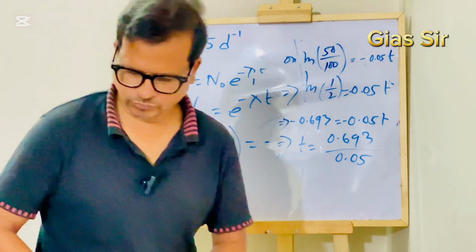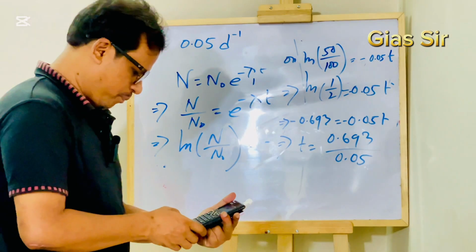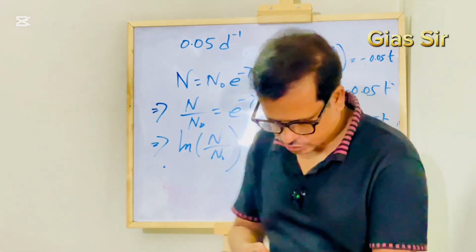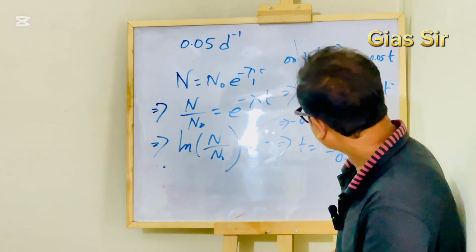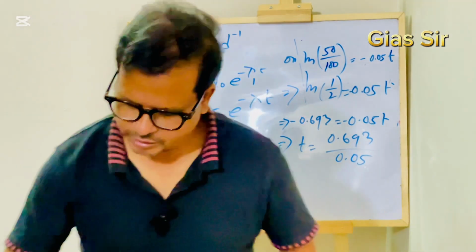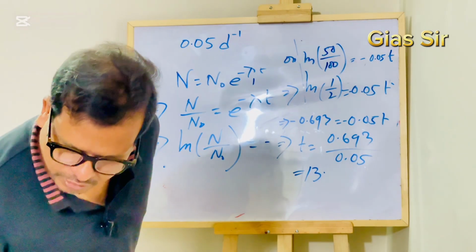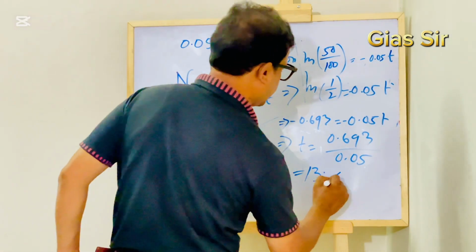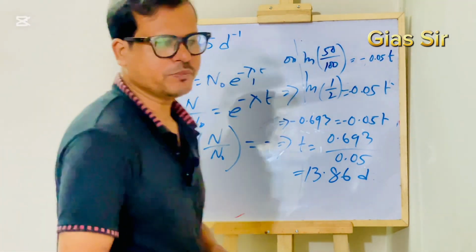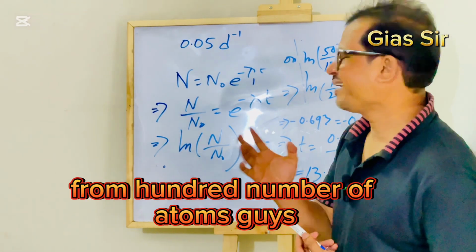What will be the answer? 13.86 days. This is actually our required time to go from 100 atoms to 50 atoms.